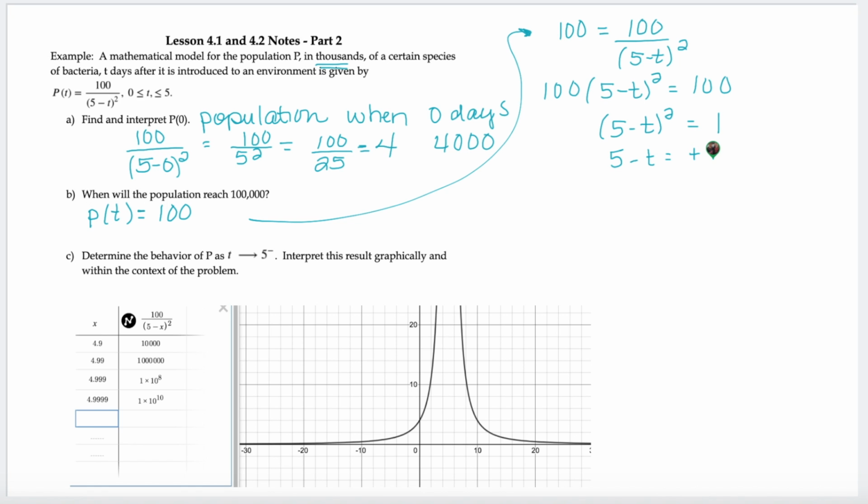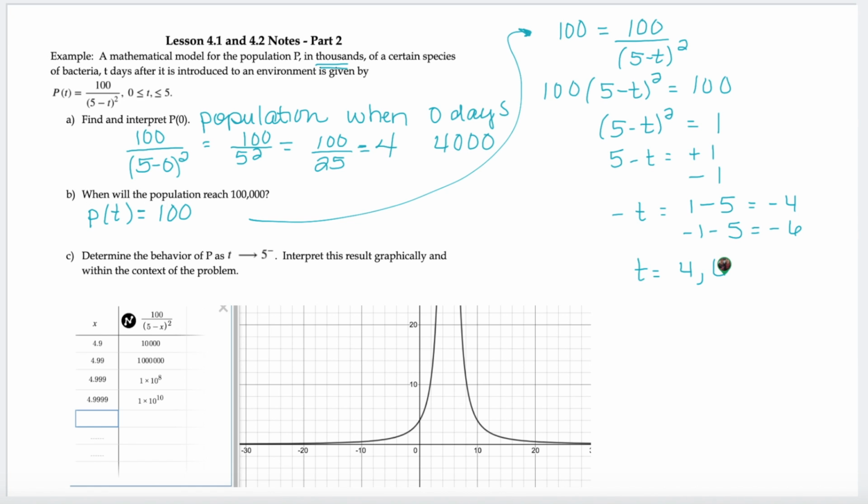It will also equal negative 1 since the square root of 1 is plus or minus 1. I'll have to subtract 5. So 1 minus 5 and negative 1 minus 5. So negative 4 and negative 6 so far. Also, I'll have to divide by negative 1. So t will have to equal 4 and t will have to equal 6.